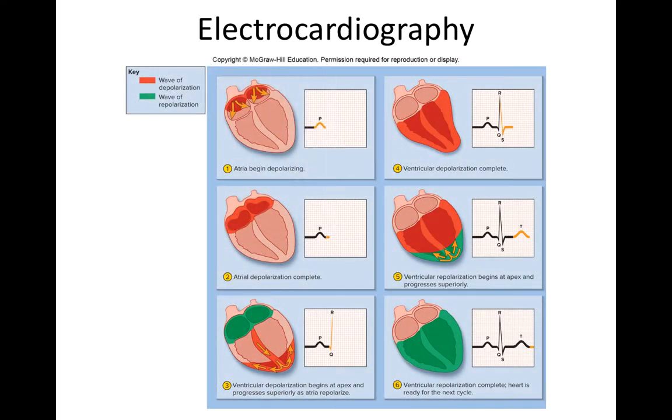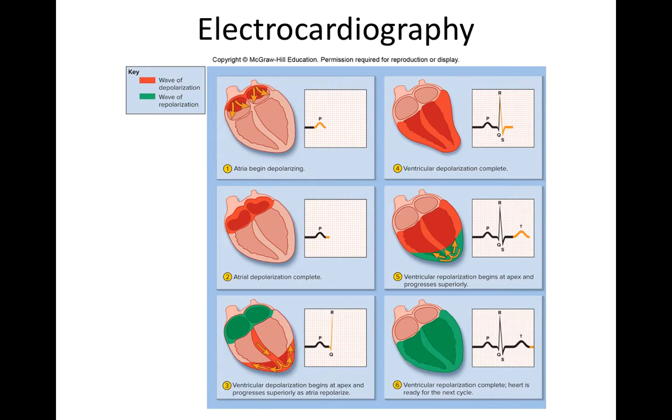All right, so let's track this electricity through the heart. You need to remember, first of all, what depolarization and repolarization are. Depolarization is the flow of sodium in, repolarization is the flow of potassium out. And so it's an electrical current that we're looking at.